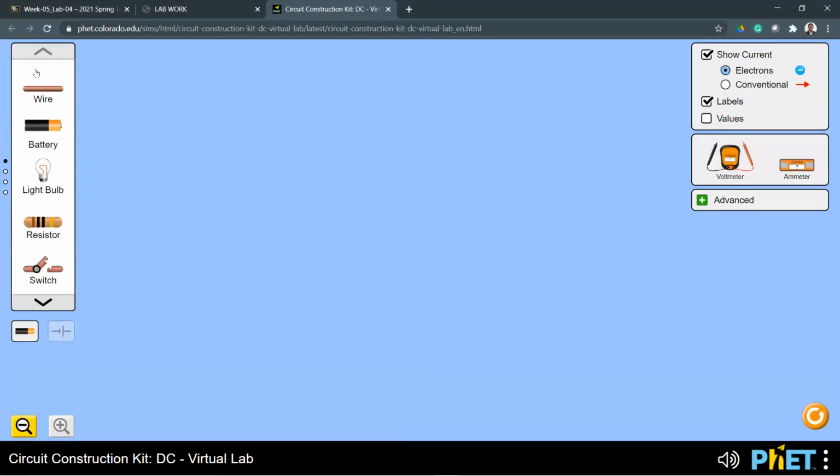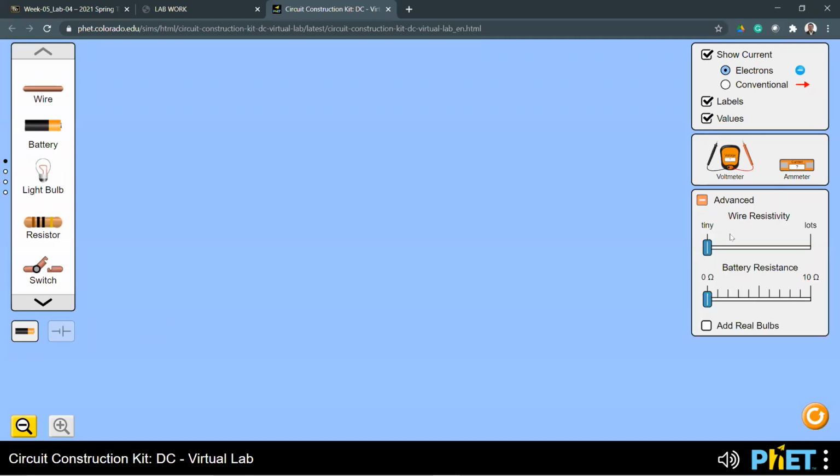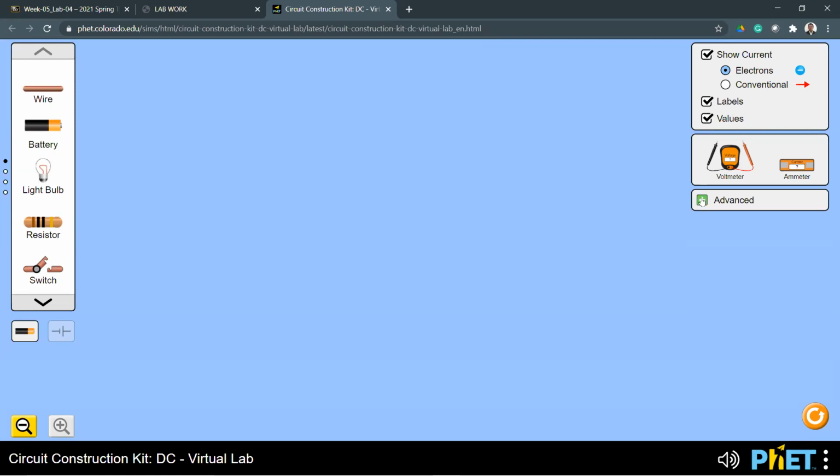On the left hand side you have a couple of options: battery, bulbs, resistors, switch, wires, and so on. On the right hand side you have the current, labels, values, the voltmeter and ammeter. The advanced option we don't need. We need the wires with very low resistance, and the battery resistance we need 0. So just keep it as it is. Don't change anything on the advanced option.